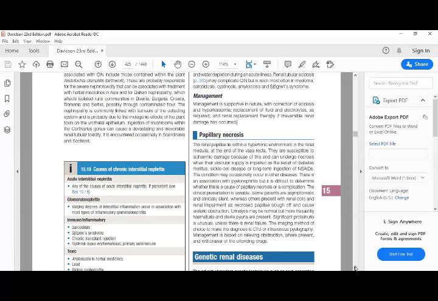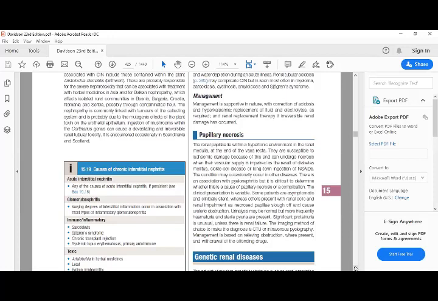There is an association with pyelonephritis, but it is difficult to determine whether this is a cause of papillary necrosis or a complication. The clinical presentation is variable. Some patients are asymptomatic and clinically silent, whereas others present with renal colic and renal impairment as necrosed papillae slough off and cause ureteric obstruction.